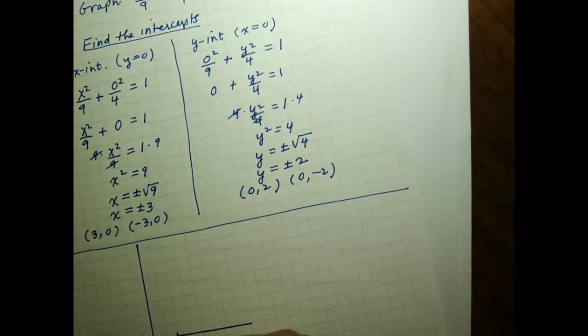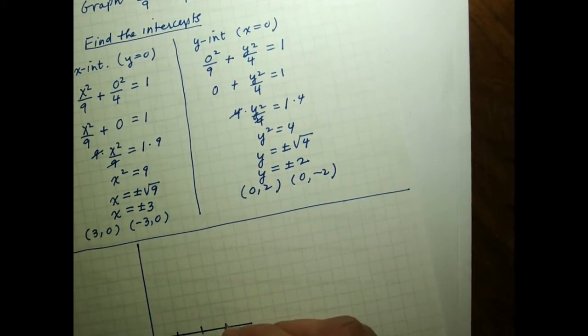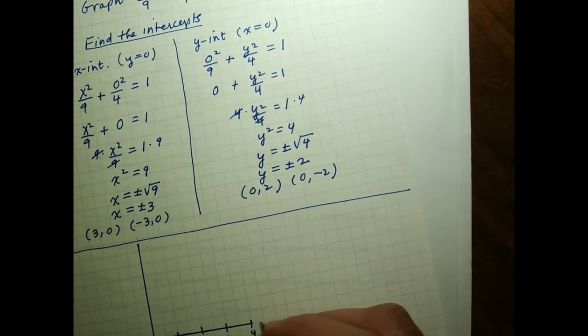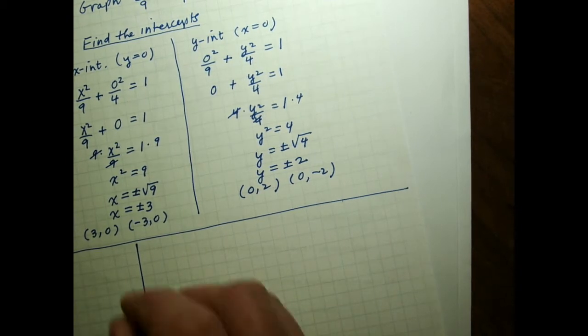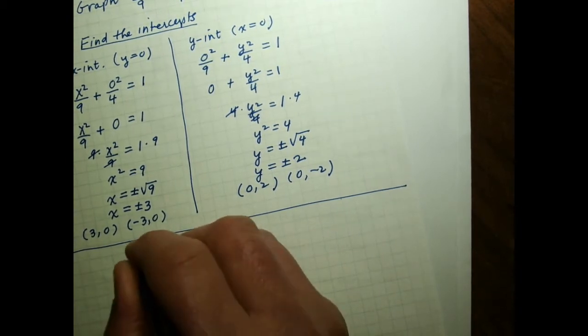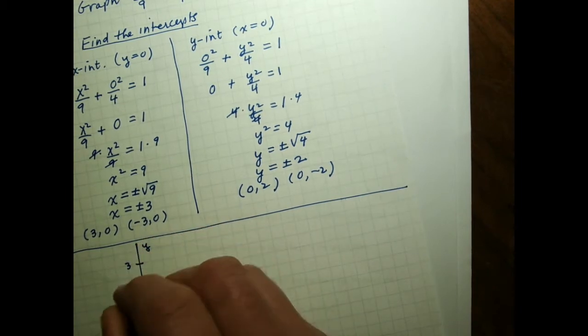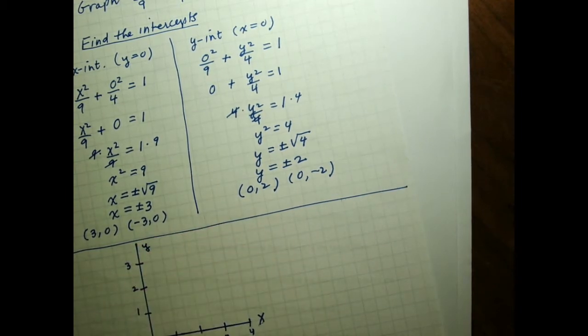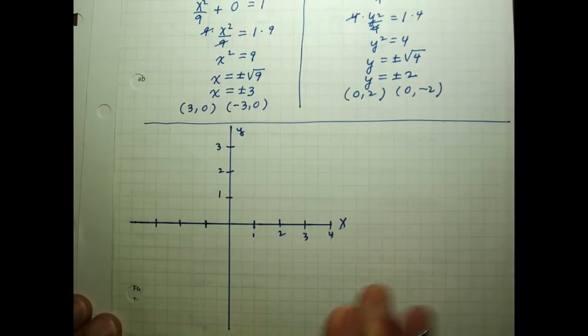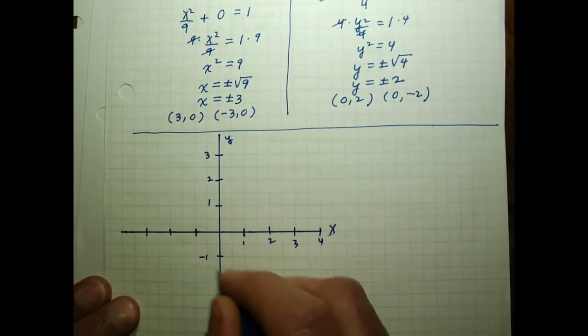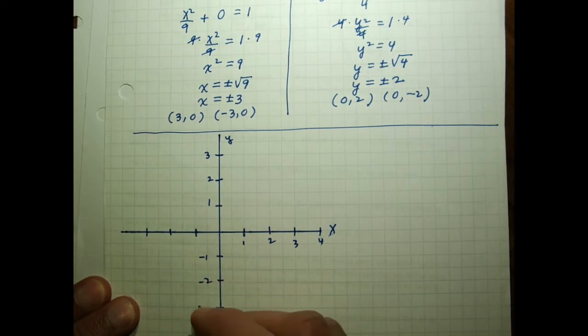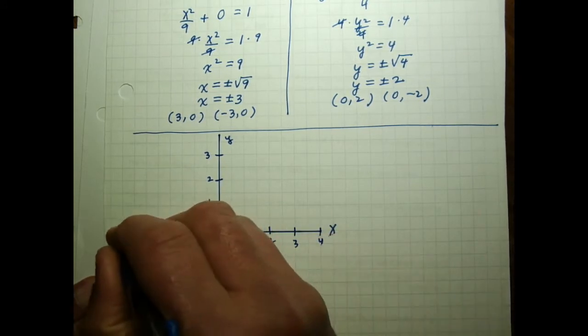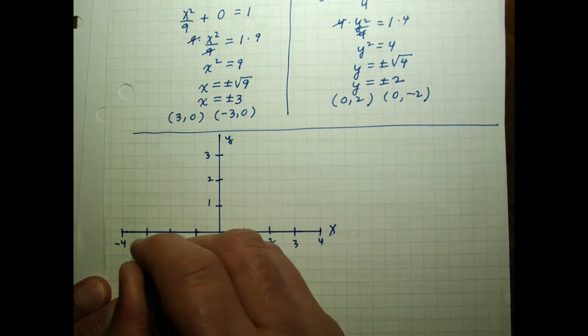I was going to go 2 squares with each unit. Let's go 1, 2, 3, 4 on the x-axis, 1, 2, 3 on the y. So -1, -2, -3. Whoops, going off the edge. There's -4.